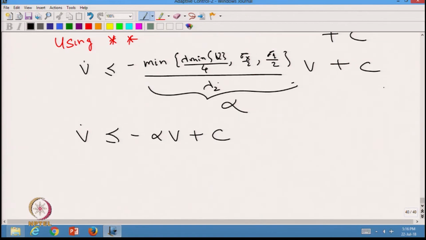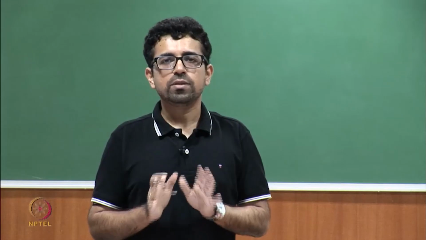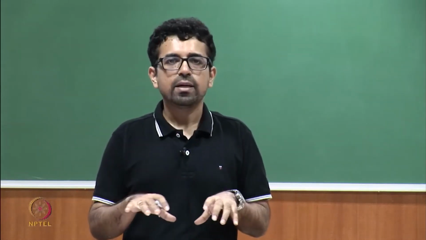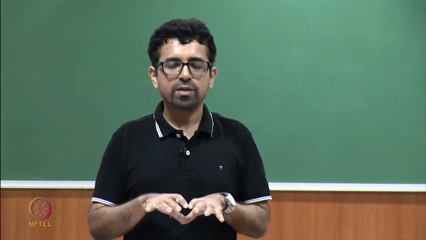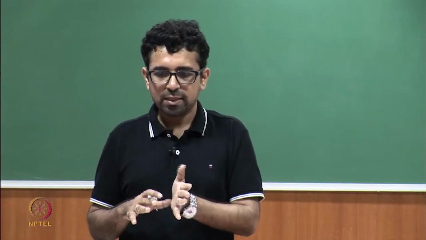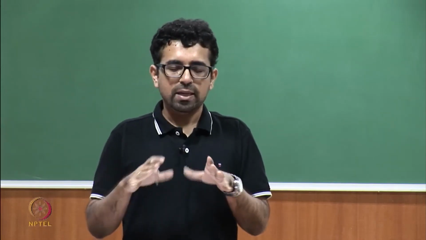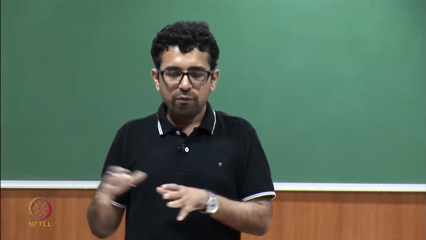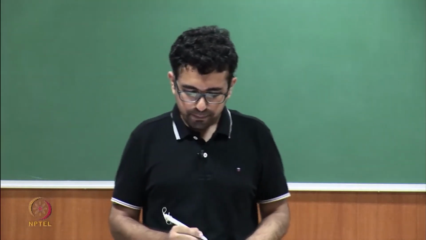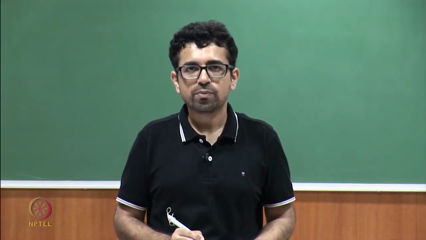Now, because of this term c, v will not decay down to 0. In fact, it will exponentially decay to a region, and then for all future time it will stay within that region.